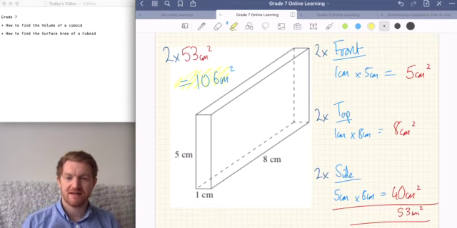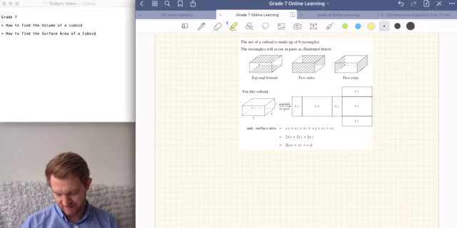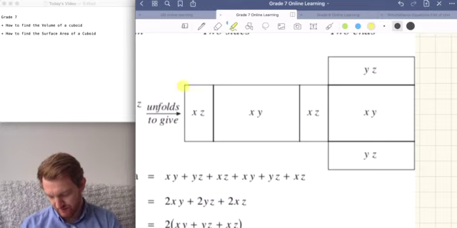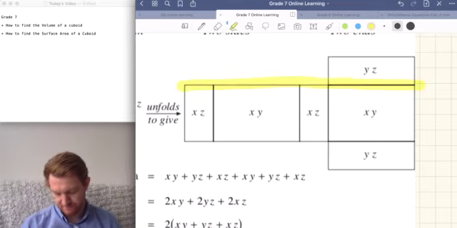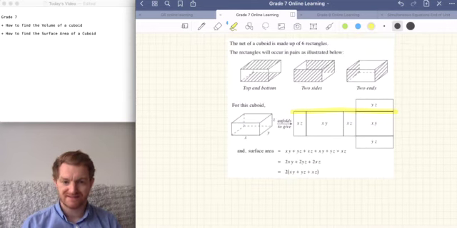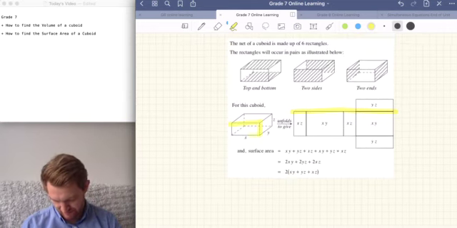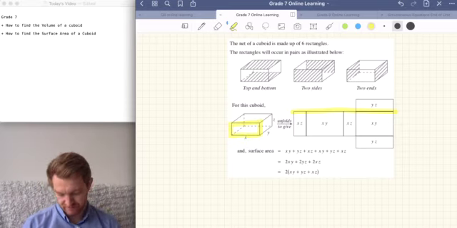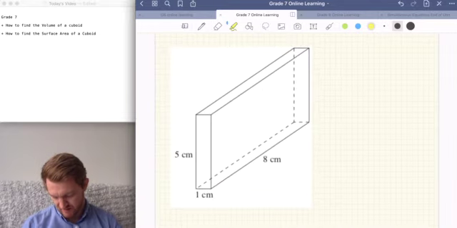Now, like I said, there is another way that you can do it for cuboids. Okay, let's go back to this shape here. Think about this length along here. Okay, that length there is the same as this here. It's the perimeter of the front. So I'm just going to highlight it for you so you can see it.